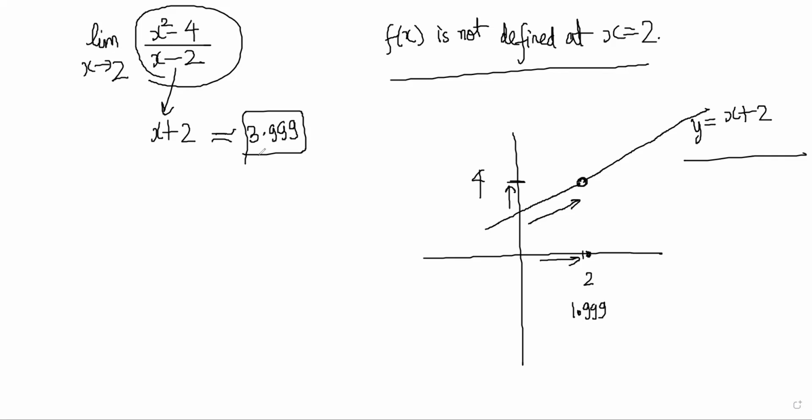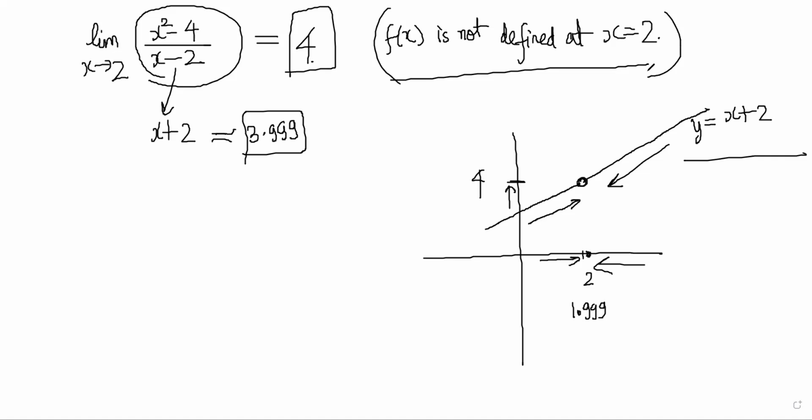No matter what interval I choose, I can get as close to 4 as possible, by choosing a corresponding interval on the x-axis, right? So from both sides, it is becoming closer and closer to 4. So the limit of this will be 4, even though the function is not defined at 2.